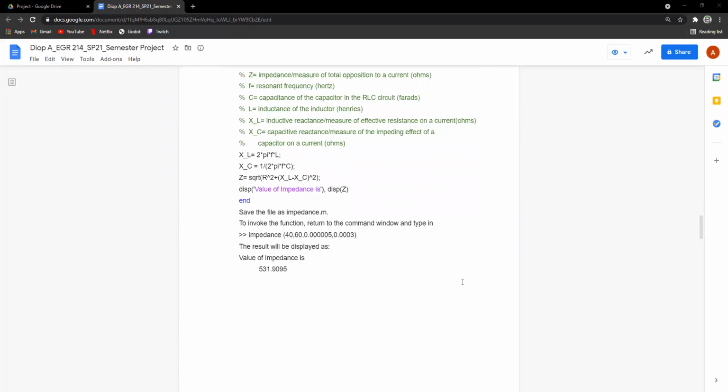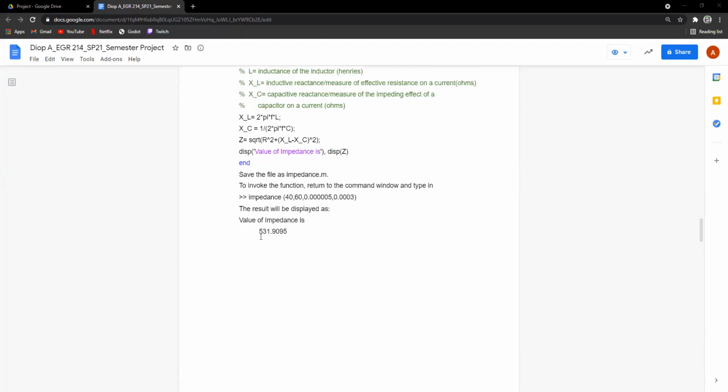To invoke this command with the same numbers from our tutorial, you just plug in 40 for your R, 60, and then remember how we need to convert those back to base units, which is why we have so many zeros for our 5 and 3.